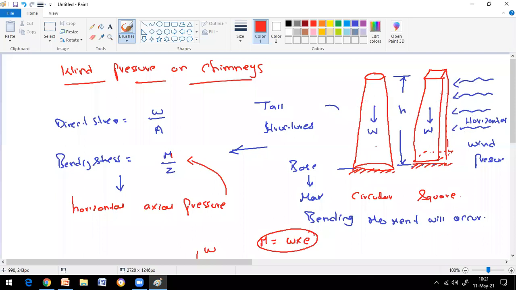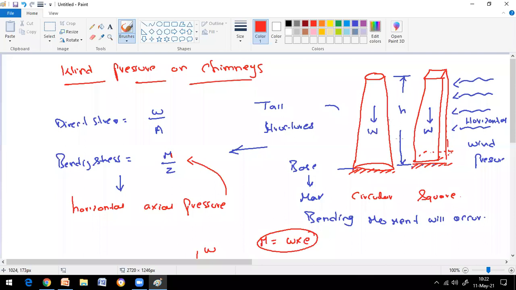Why? Because if you take a square chimney, the surface will always be flat. If you take a circular chimney, your surface will always be curved. So it is always based on the exposed portion of the wind acting on the unit area of the vertical plane. Based on that only you calculate the horizontal wind pressure.